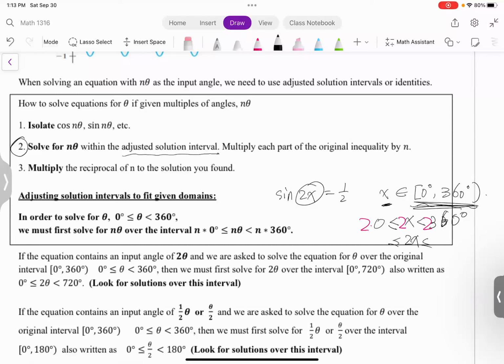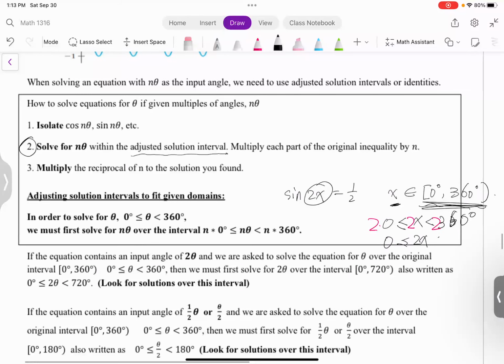So I need to have my 2x greater than 0 and less than or equal to 720. So I have the adjusted interval. First we need to find the adjusted interval. If I'm solving for theta between 0 degrees and 360, I need to find the adjusted interval first.